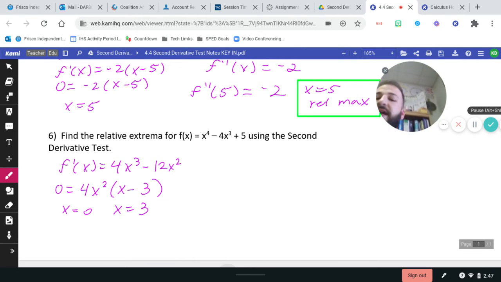Then we take our second derivative, so f double prime of x would be equal to 12x squared minus 24x.